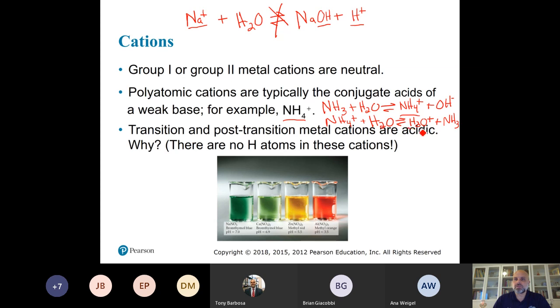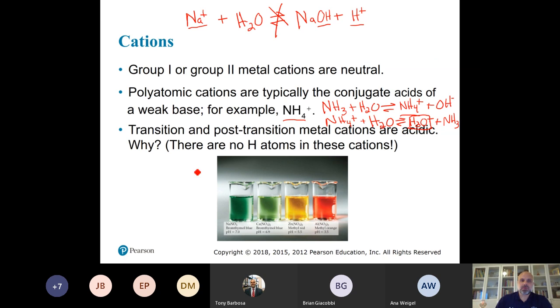So you can see we're basically generating an acid in solution. And so a polyatomic ion, a cation, is going to end up being a weak acid.